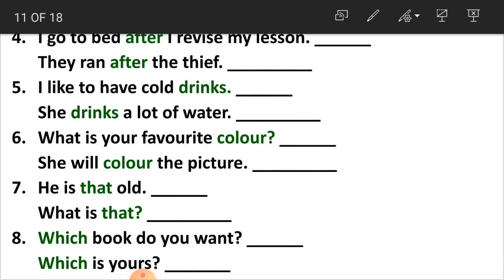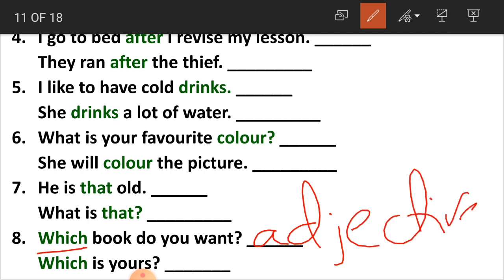So you want to pick one book. So you are selecting a particular book. So here this which becomes what? Our adjective. Which becomes adjective. Okay.